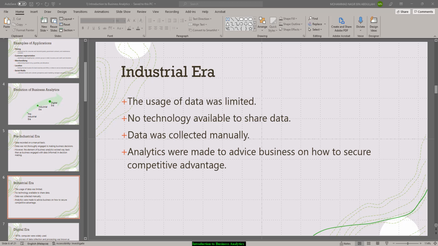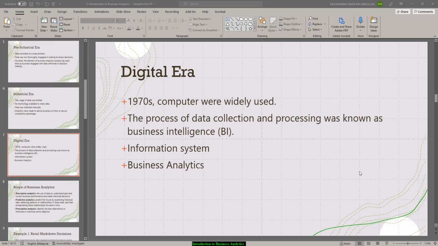They did not put it in the cloud, so they kept it on their own server. What if it burned down and was lost, right? But still, the analytics were made to advise business on how to secure competitive advantage. So in the past we also used business analytics, analyzing data to make very good decisions for business strategy.